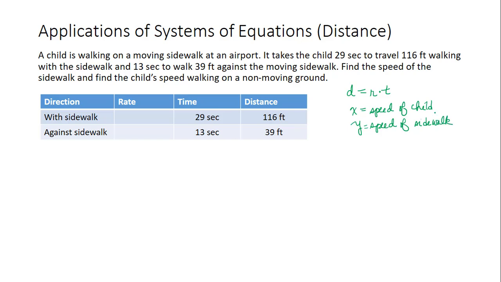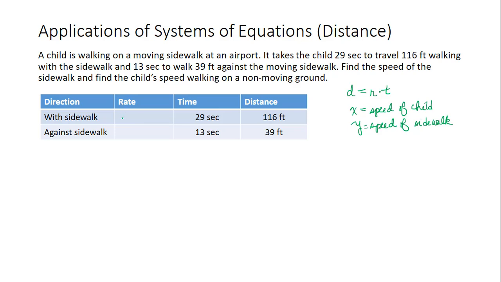I've created a chart to organize our information. The first column is direction. In the two rows, we have with the sidewalk and against the sidewalk. Then the other three columns are rate, time, and distance. I don't know the rate for either direction, but if I'm walking with the sidewalk, it's going to increase my speed by the sidewalk speed.